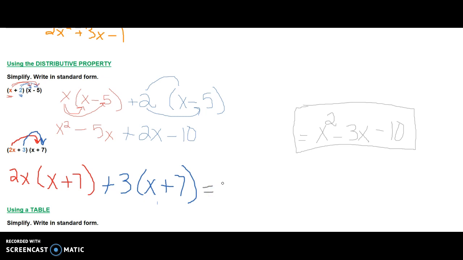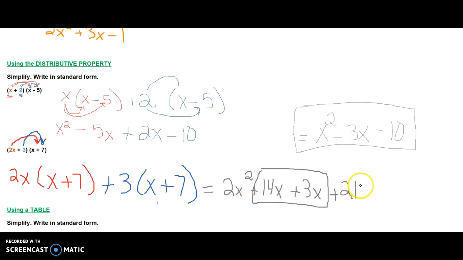So we end up with 2x squared plus 14x plus 3x plus 21. And we can combine like terms, these 2 center terms, to get 2x squared plus 17x plus 21.